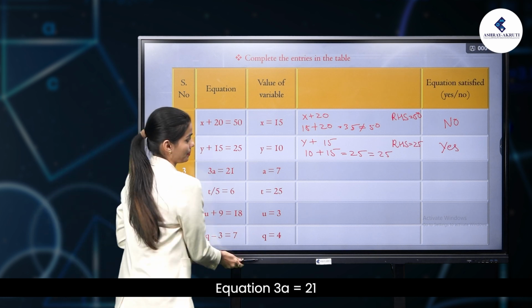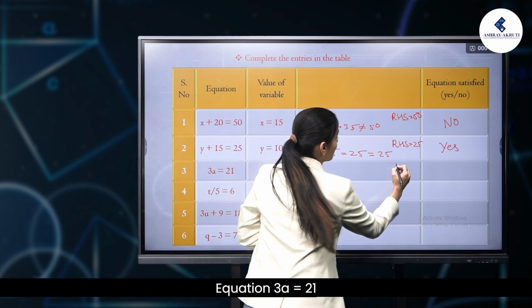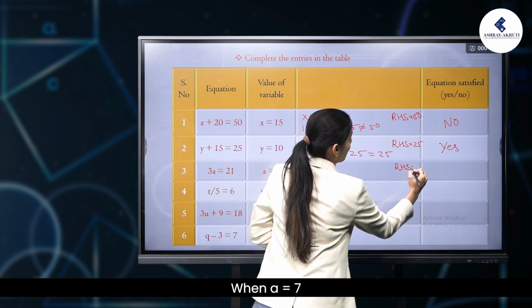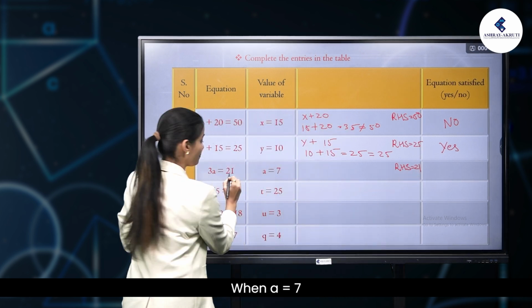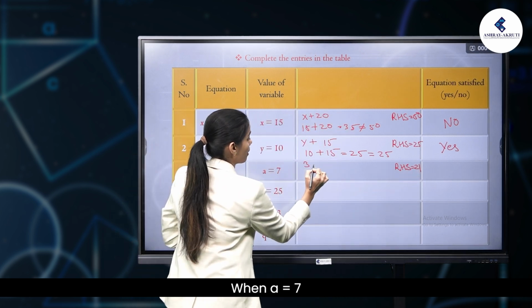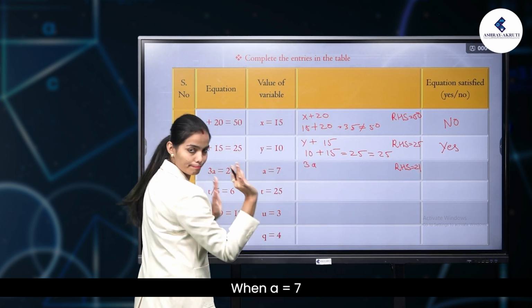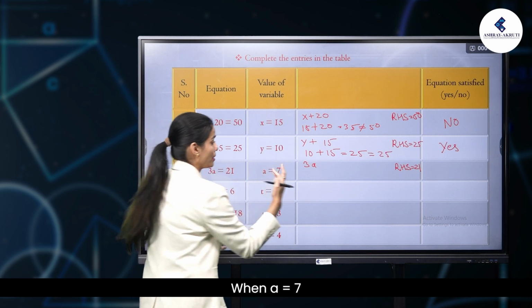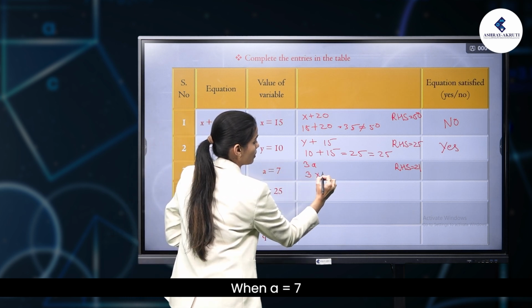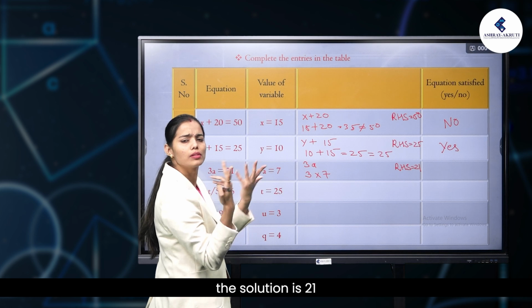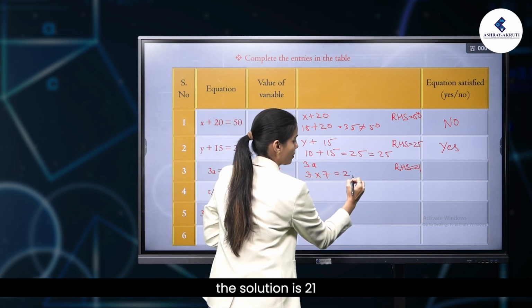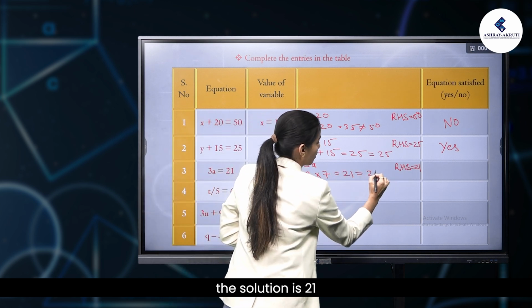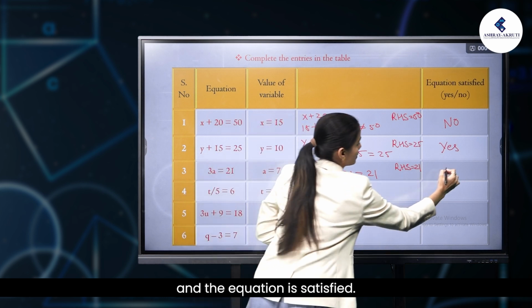Equation 3a is equal to 21, when a is equal to 7, the value is 21 and the equation is satisfied.